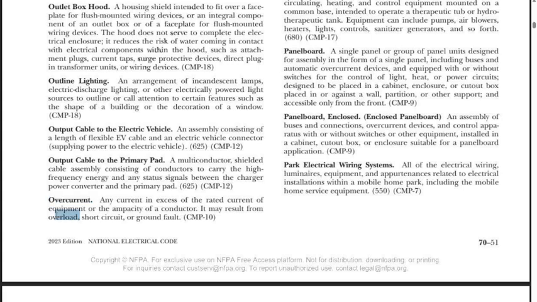Overcurrent is not an overload or a short circuit or a ground fault in particular. It's all three of them. And it's a little bit confusing because there's this word here, overload and overcurrent. So an overload is an overcurrent, but a short circuit and a ground fault is not an overload. It's an overcurrent.